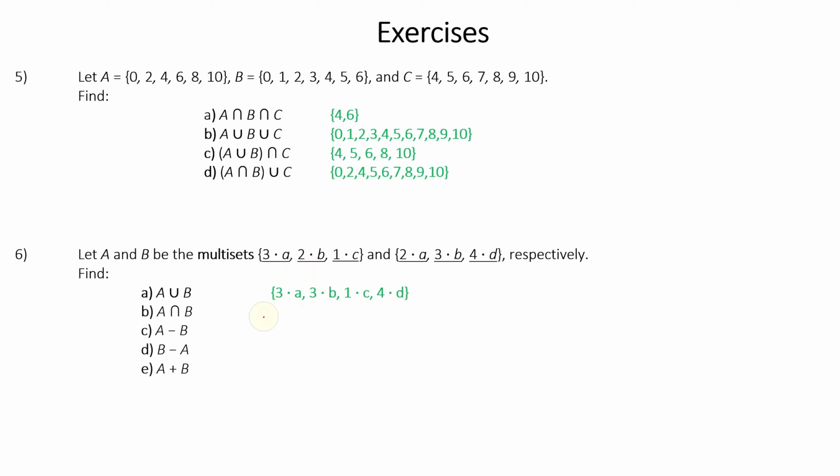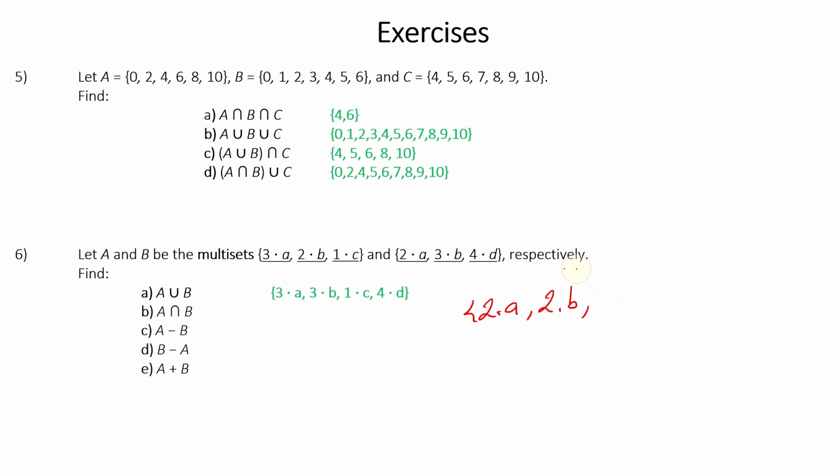What about the intersection? On the intersection, I'm looking for the minimum. Let me just write it here so I can have some space to compare them both. So 3A and 2A, I'm looking for the minimum, so I'm going to have 2A. 2B and 3B, that means I'm going to have the minimum, 2B. 1C and then 0C, the minimum is going to be 0C, which I can just not put.